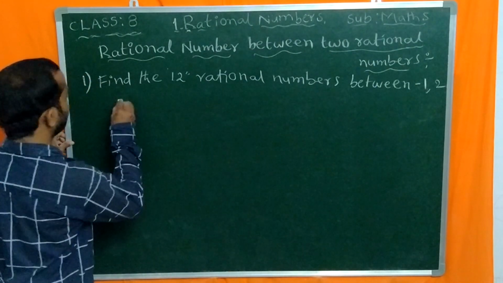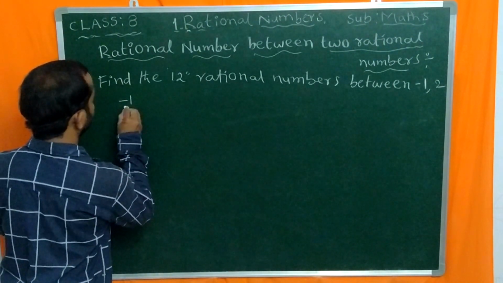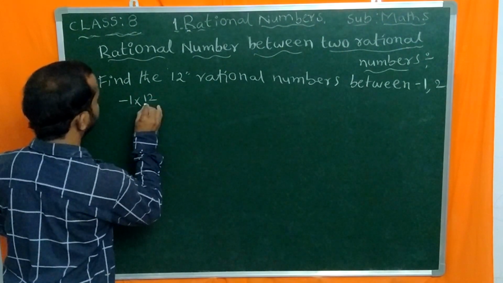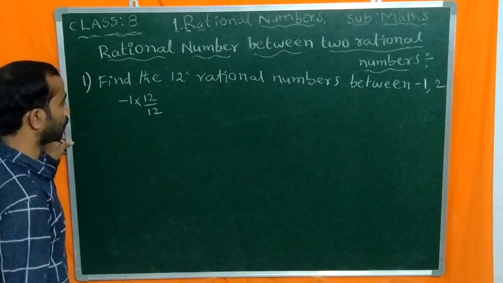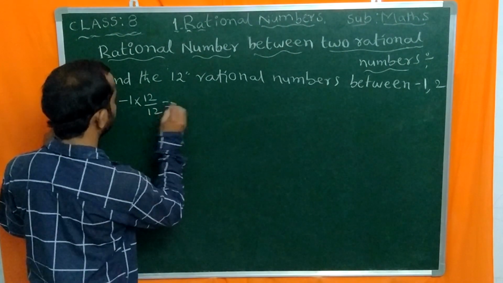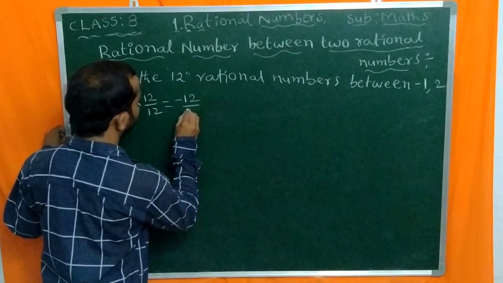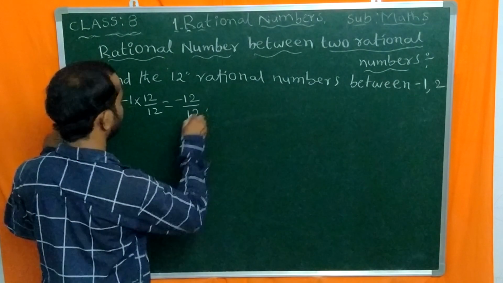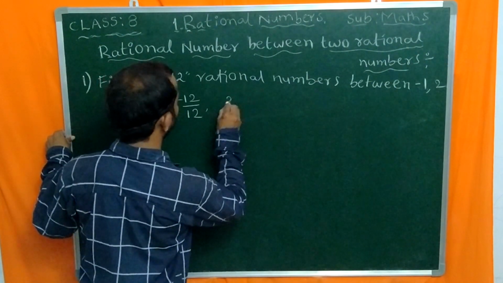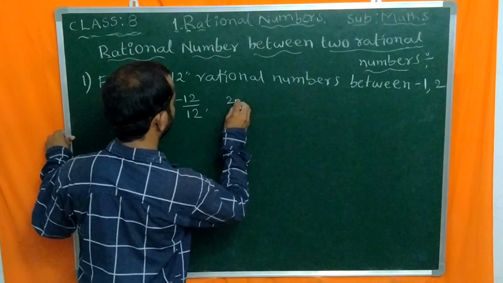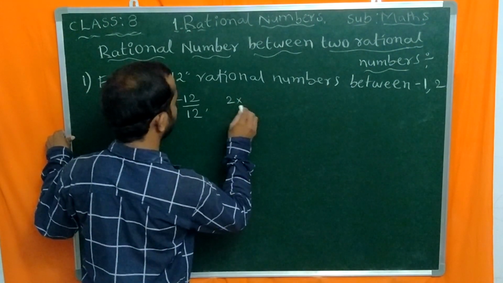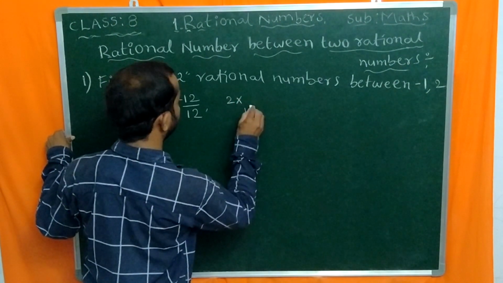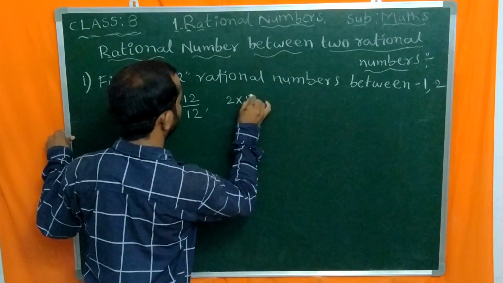So minus 1, multiplying numerator and denominator by 12, is written as minus 12/12. Next, 2 is written with the same denominator as 24/12.